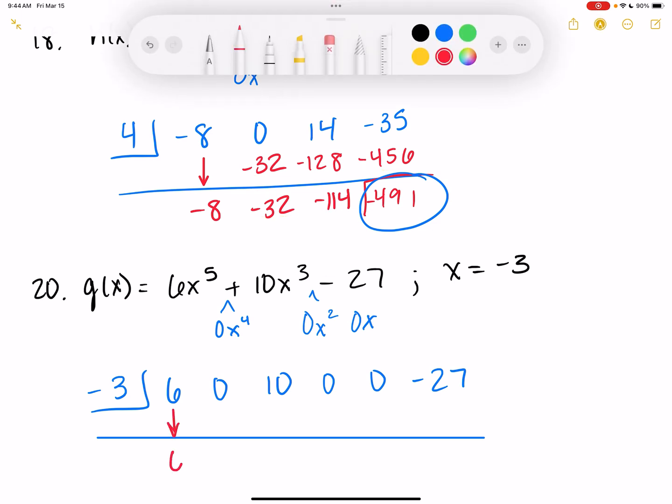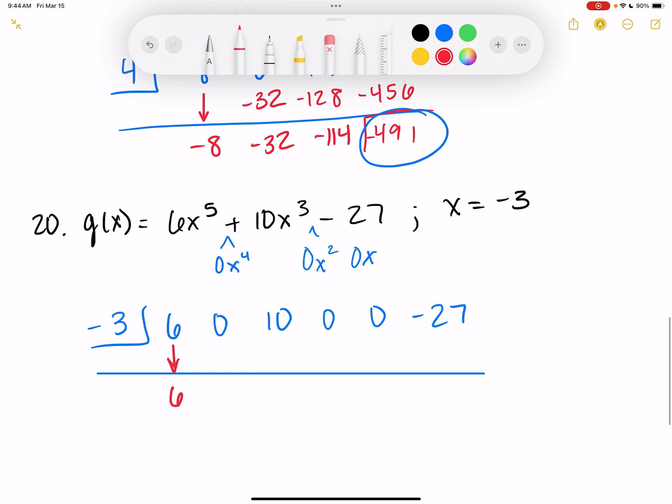Times negative 3 is negative 18. Plus 0 is negative 18. Times negative 3 is 54. Add 10 is 64. Times negative 3 is negative 192. Plus 0 is negative 192.